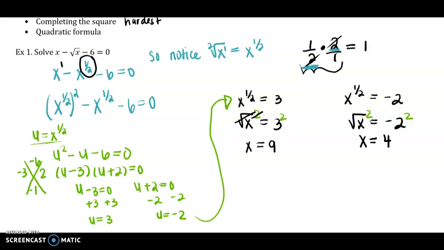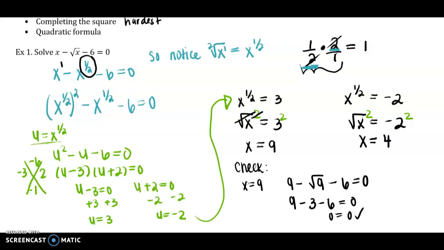Okay, and then we should check our answers. So let's check x equals 9 first. 9 minus the square root of 9 minus 6 equals 0. So that's going to be 9 minus 3 minus 6 equals 0. Yep, that one works. And then let's check x equals 4. 4 minus the square root of 4 minus 6 equals 0.